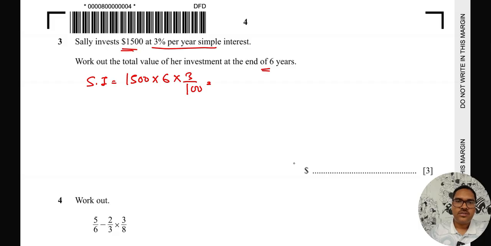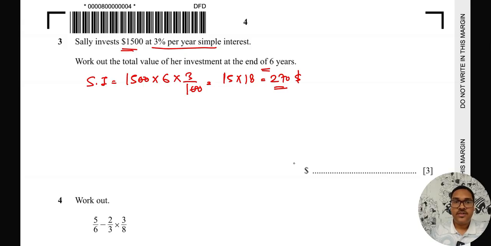I can simplify this: 15 multiplied by 18, which is 270. So that is the simple interest she earned.